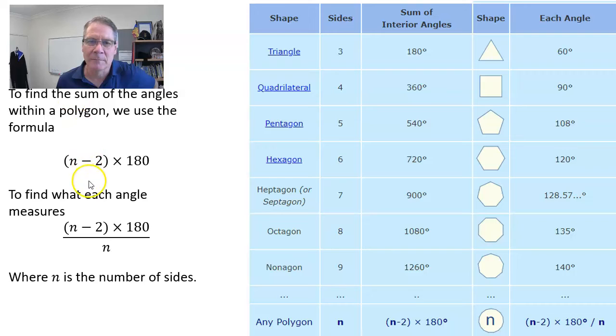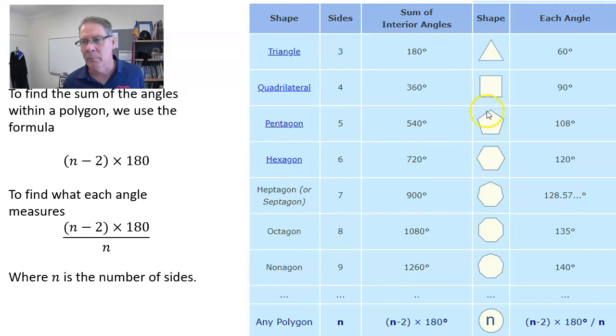Well, there it is: if the number of sides is n, take 2 off and multiply it by 180. Let's try that here. 3 sides, take 2 off, 1 times 180. Yep. The rectangle, 4 sides, take 2 off, n minus 2, 2 times 180. Pentagon, take 2 off, 3 times 180, and it works.